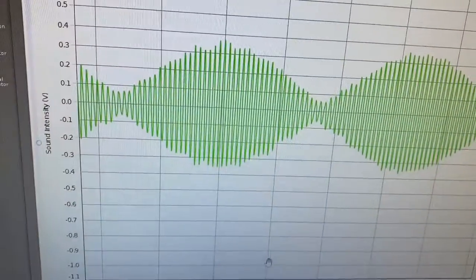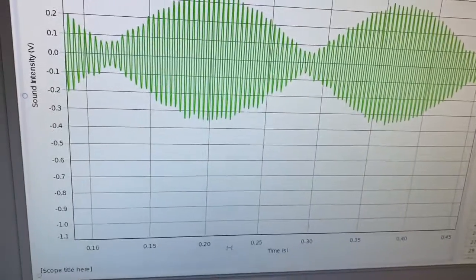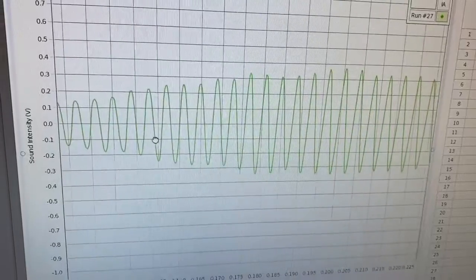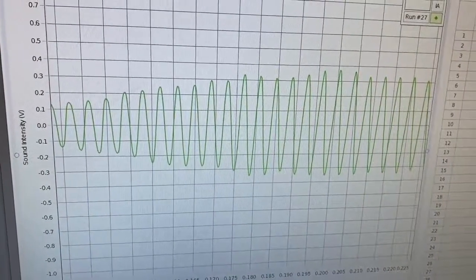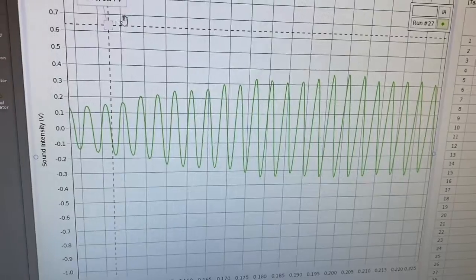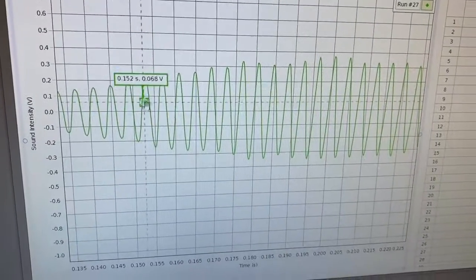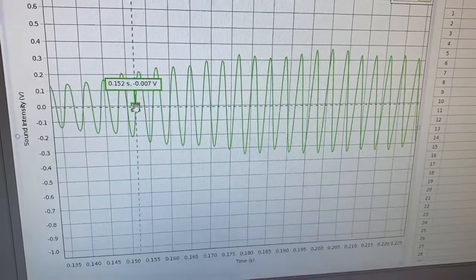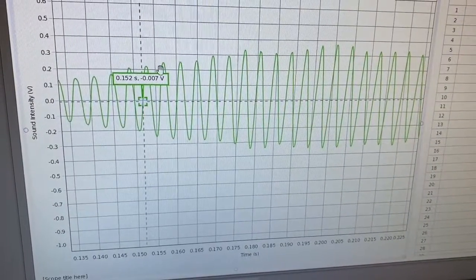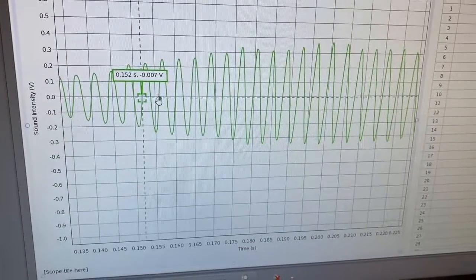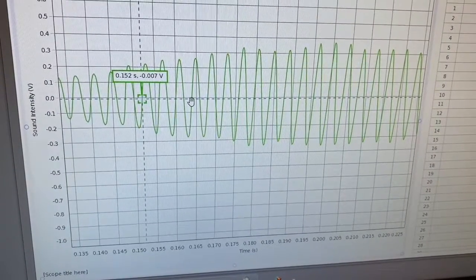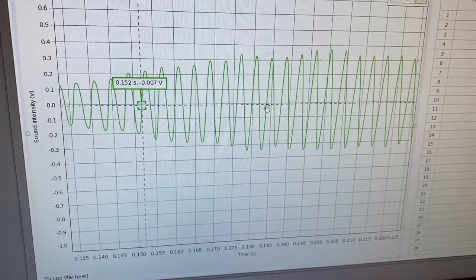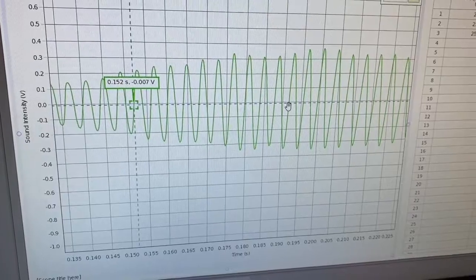In order to measure the frequency of this signal, we need to get the period of this signal. This is how I'm going to measure the period. I'm going to count like 10 waves and get the average period of these 10 waves. So I'm going to start from here. So this is 1, to here, this is 1, 2, 3, 4, 5, 6, 7, 8, 9, 10 here.